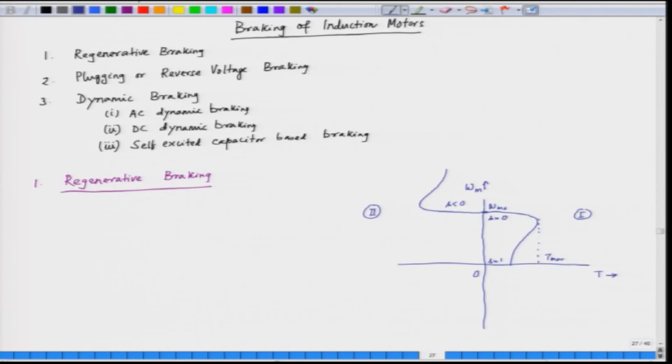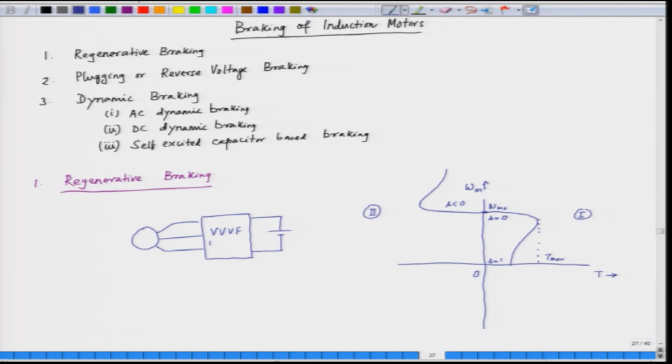Now, how can we make the motor speed higher than the synchronous speed? If we have a motor that is fed from an inverter, and this inverter is a VVVF inverter, with a DC source which is converted into AC.